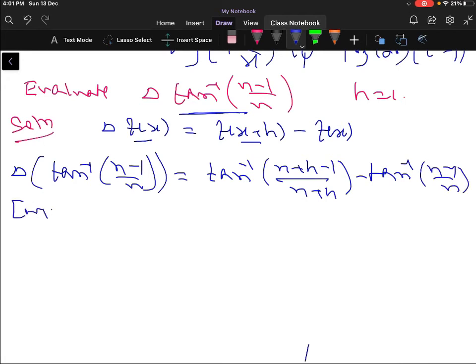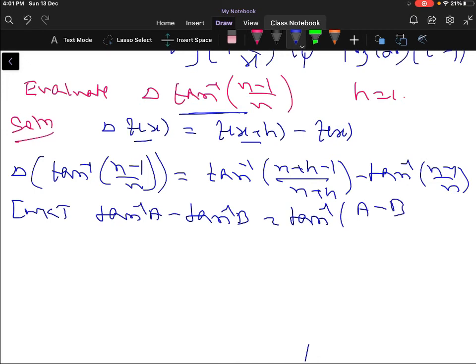The formula, tan inverse of a minus tan inverse of b is equal to tan inverse of a minus b by 1 plus ab, where a is here n plus h minus 1 by n plus h, and b is n minus 1 by n here.